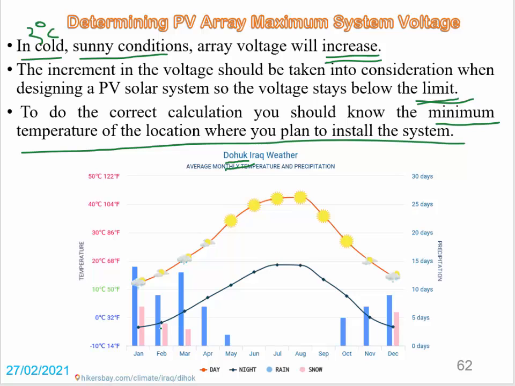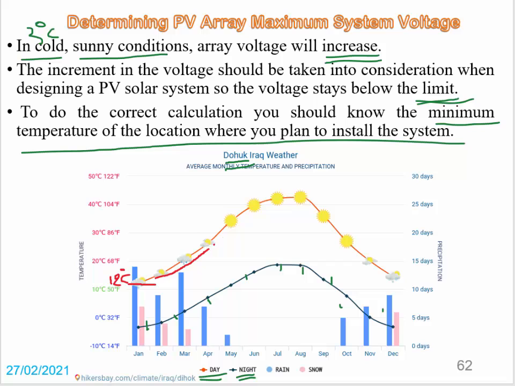We can find this curve from the internet. We have two things in the curve: the day and the night. Of course, we depend just on the day, because there is sun, but at night there is no sun. So we don't use the lower curve, just the upper curve. We can see from this curve that the lowest temperature is in January, about 12 Celsius.